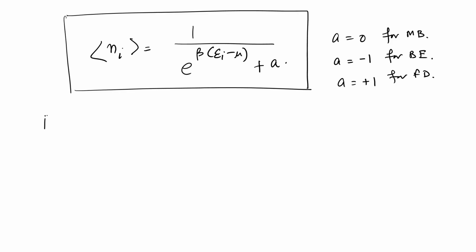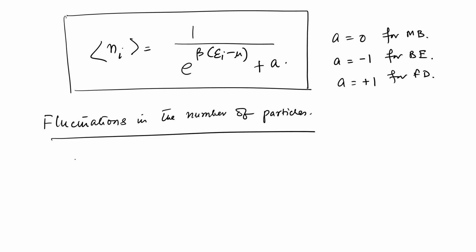Fluctuation on this Ni, and whether all these fermions or bosons or classical particles, they like fluctuations, or what are their fluctuations, etc. So, what we want is the fluctuations in this particle number, and we are really talking about sigma square equal to Ni square average minus Ni average square.